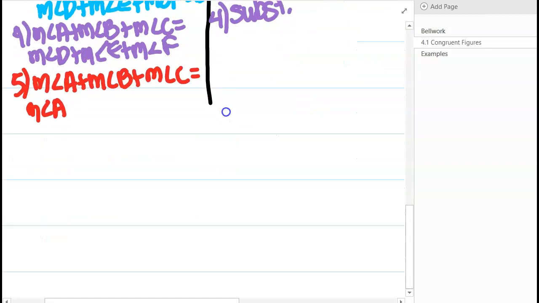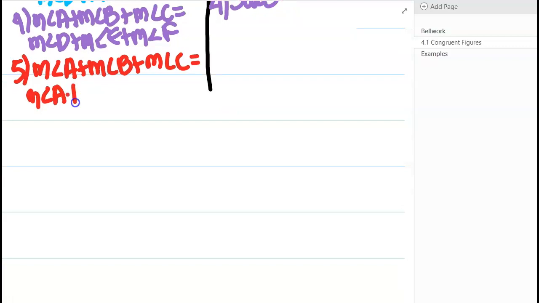So I can substitute it in right there. And let's do the same thing here. Instead of the measure of angle E, let's use the measure of angle B. And once again, I can do that because I know they're the same thing. I can swap those in. And then we'll leave this as the measure of angle F because I don't have a relationship with the measure of angle F yet. And why am I able to do that?